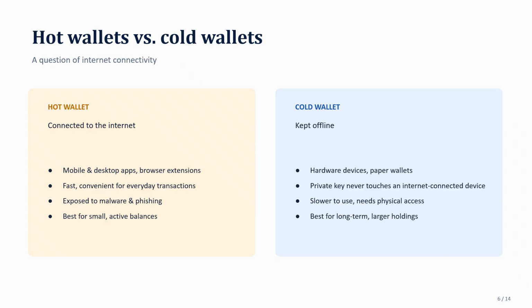Slower to use but dramatically more resistant to remote attacks. Most people use both. Hot for spending money, cold for savings. A hot wallet is also called a software wallet, and a cold wallet is also called a hardware wallet.